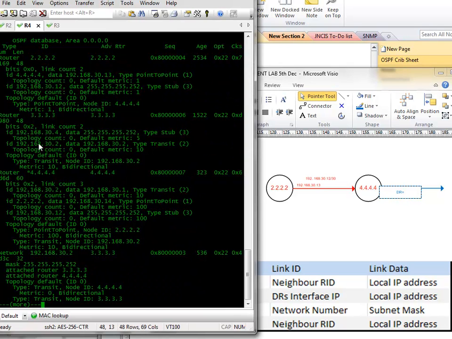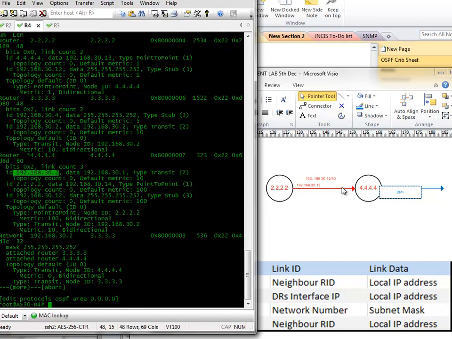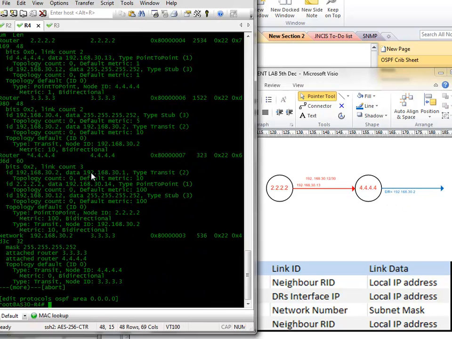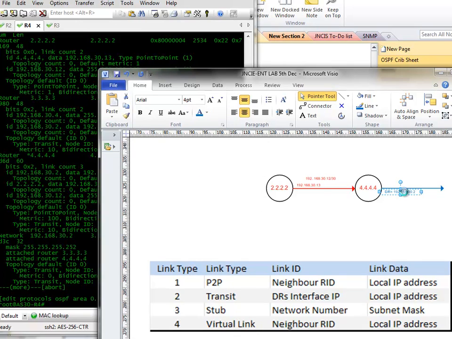So we're looking at 192.168 is that. There we go. Right, and it is also saying that my local address is .1. So that's one of the links described.